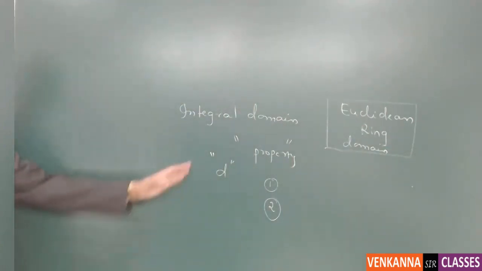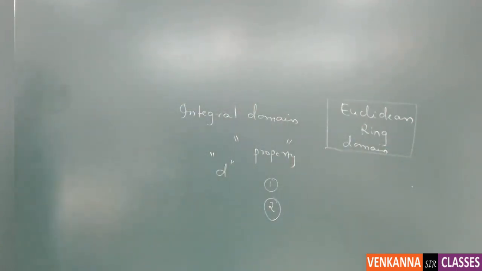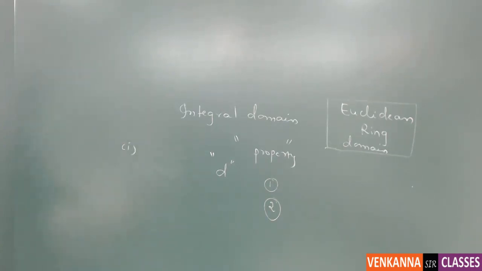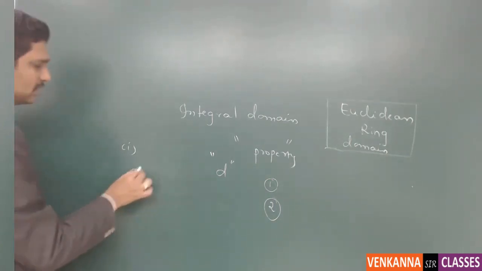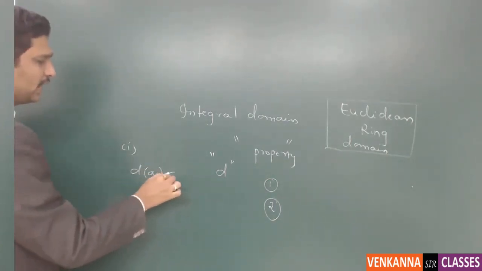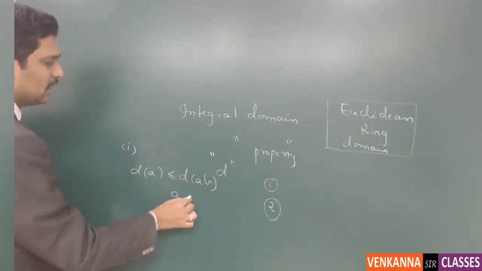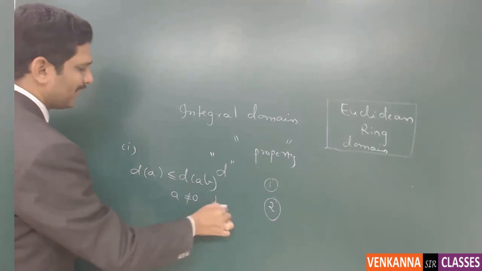Coming to the conditions of the function, the first condition is always d of a is less than or equal to d of ab whenever you take two non-zero values.